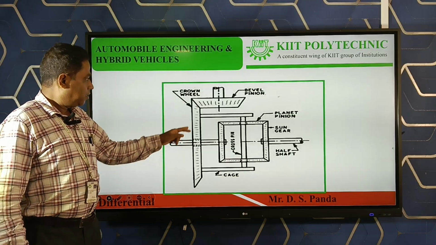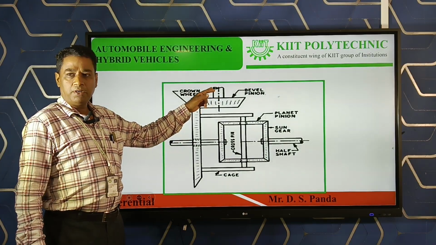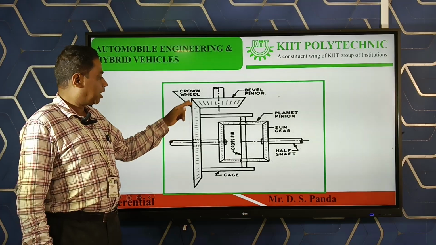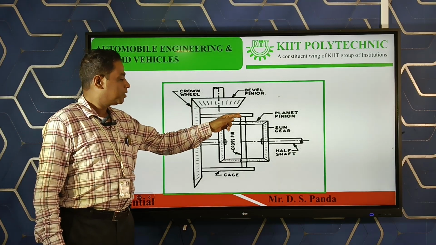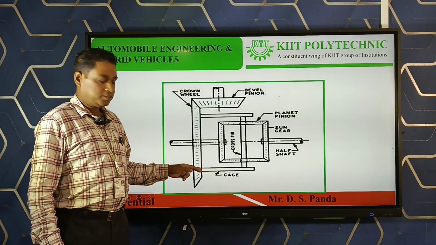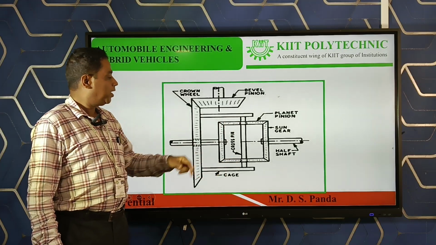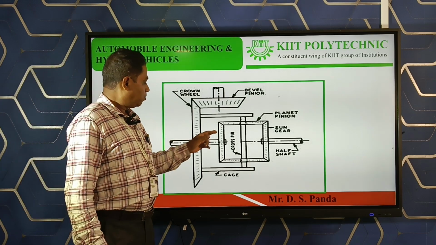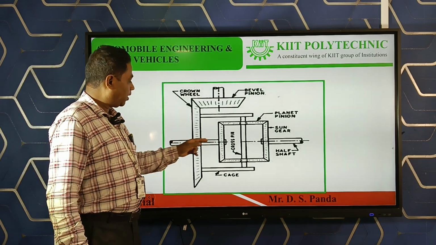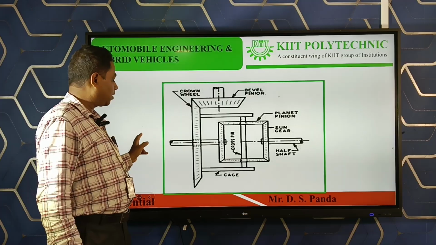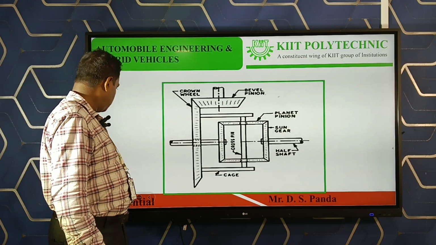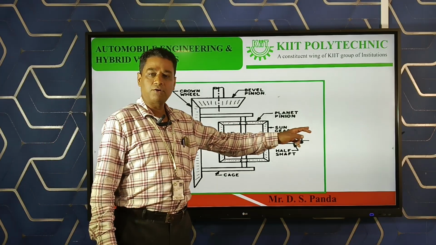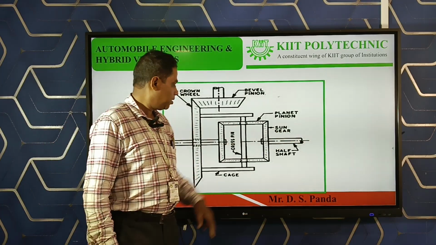The bevel pinion is assembled with the crown wheel, and the crown wheel is assembled with the case here. And this one is the half shaft. One half shaft is connected to the left wheel and the right side is connected to the right wheel.